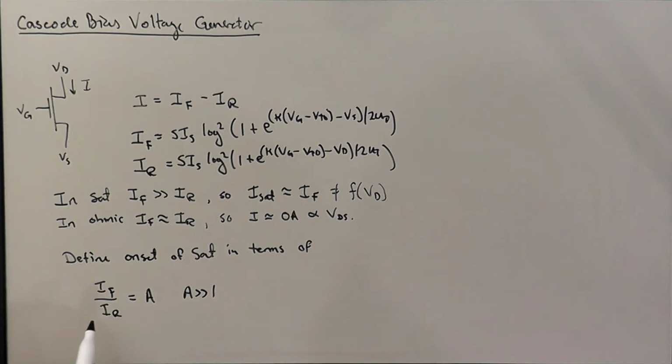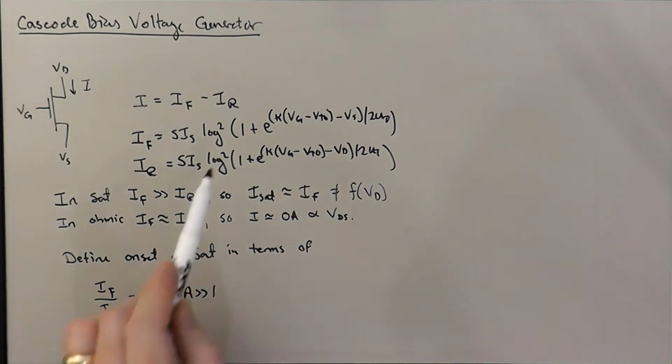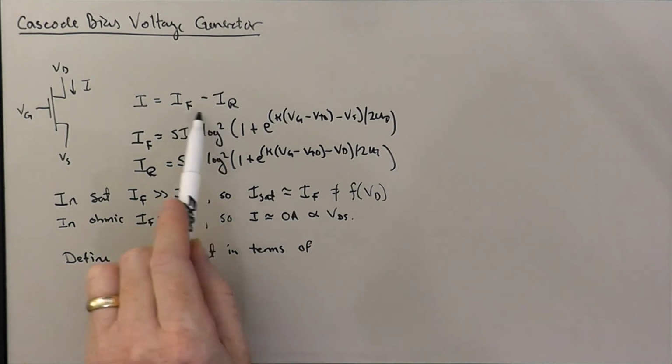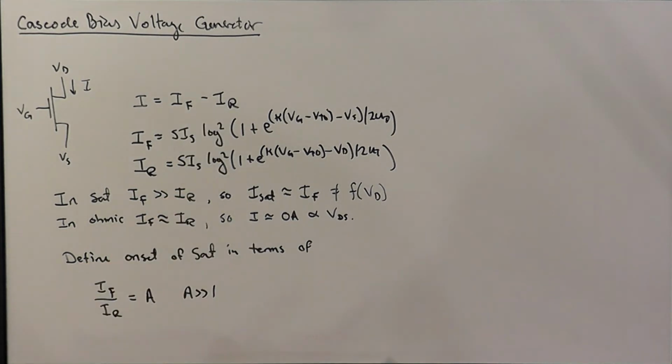So if IF is, let's say, 100 times bigger than IR, then we might say that IR is negligible compared to IF, and so the current is just the saturation current. That's kind of what we're going for here. So we can take this ratio of the forward current to the reverse current in a given transistor as a measure of how close we are to the onset of saturation. That's going to be a key idea here for us.